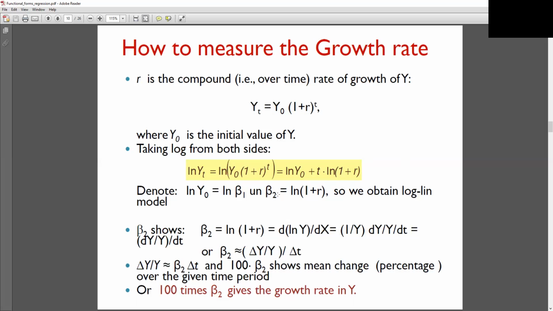You have to multiply it with 100, which will give you the growth rate simply. But the thing is, we are not interested in the instantaneous growth rate, but in the compound growth rate over the time period. Then how to find that?